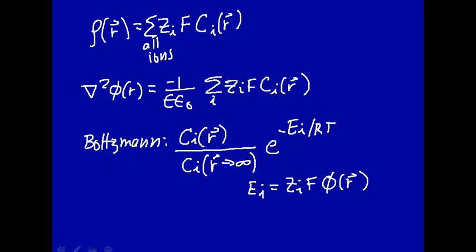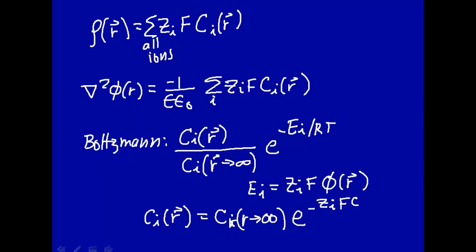at that particular distance. So we can express the concentration of a particular ion at some distance as a concentration of that ion at some distance very far away from the charged surface times e to the minus charge Faraday potential divided by RT.